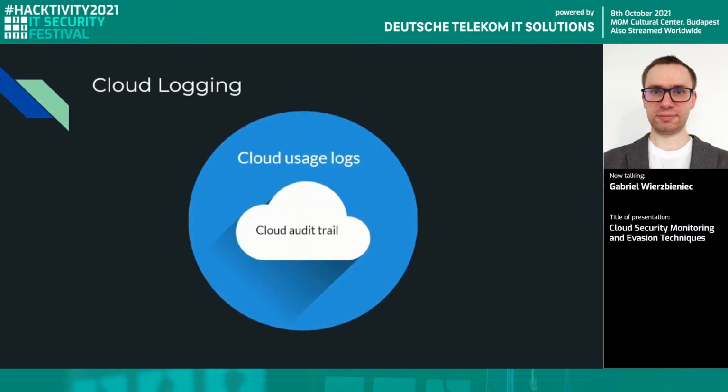And finally, cloud logging. We have two types of cloud logs in general. We have the cloud audit trail. By audit trail, we mean things like utilizing cloud management APIs, things like spinning up new instances, creating new storage buckets, and so on.